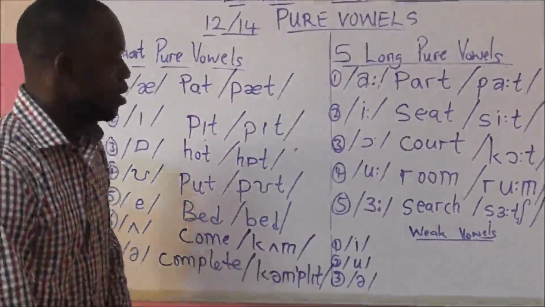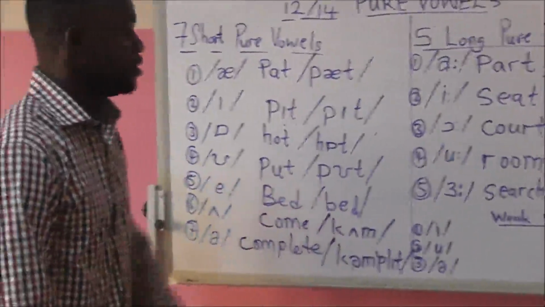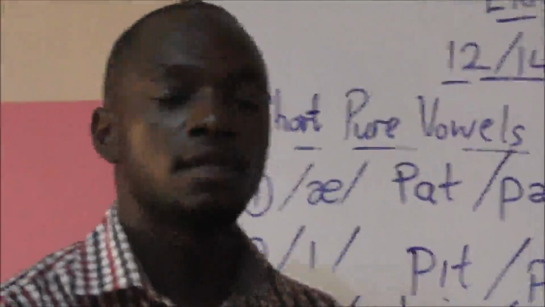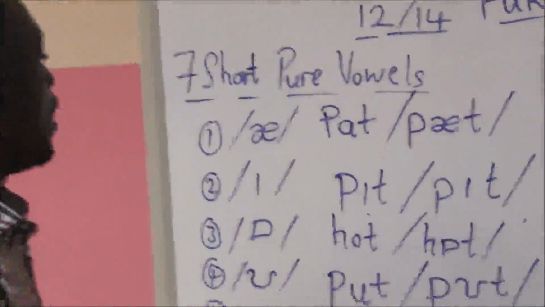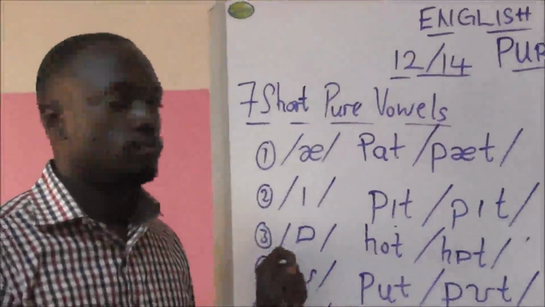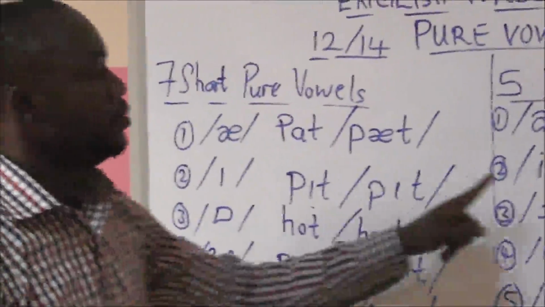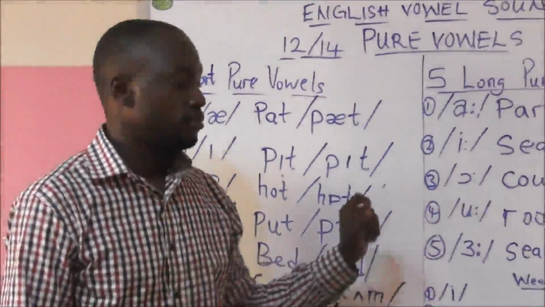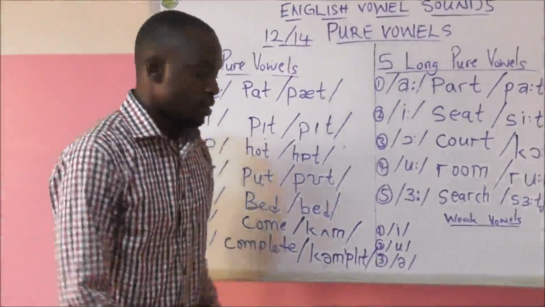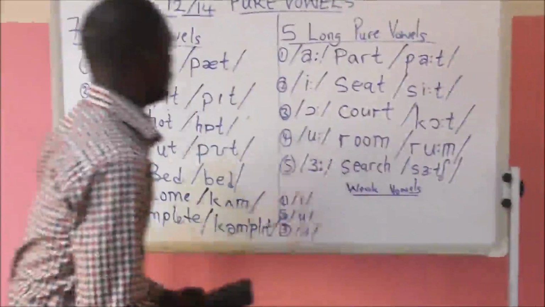Okay. The first one is E. It's very weak. It's related to the E sound. This is very weak. Let's have it on the board.